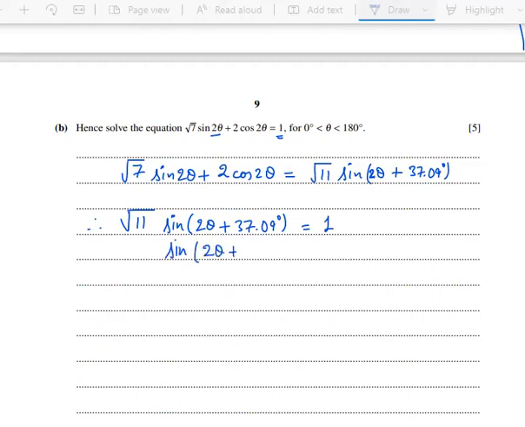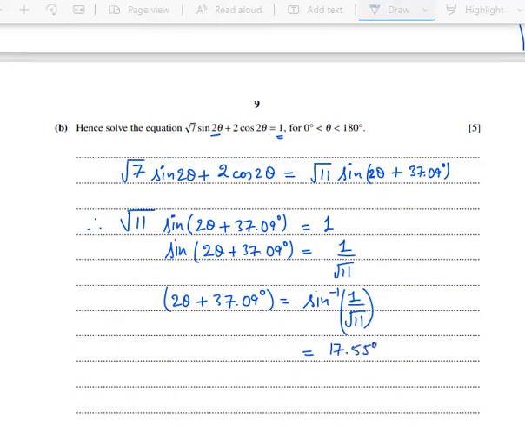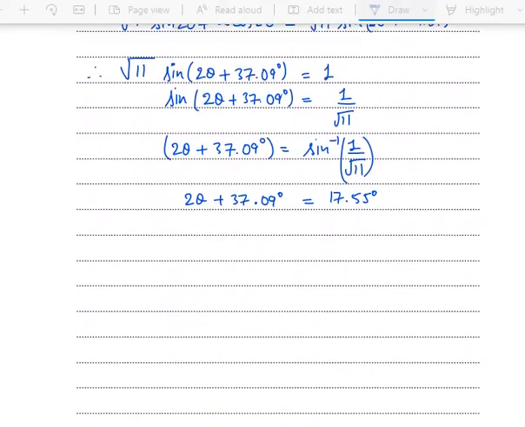So sine of 2 theta plus 37.09 degrees is equal to 1 divided by under root 11. So now 2 theta plus 37.09 degrees is equal to sine inverse of 1 by under root 11. This value is 17.55 degrees. So we finally got 2 theta plus 37.09 degrees is equal to 17.55 degrees.